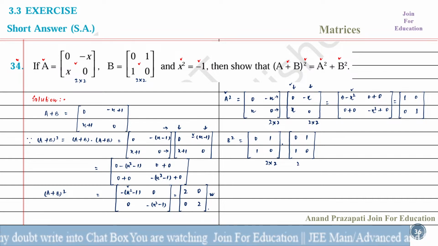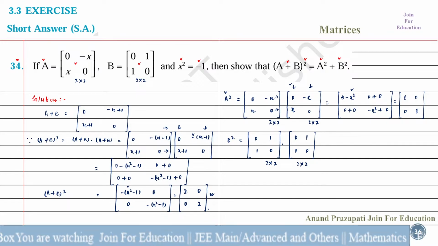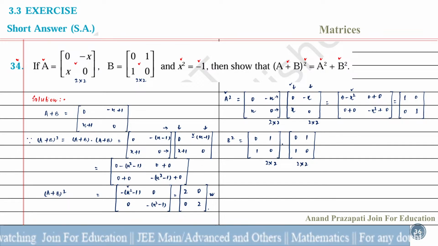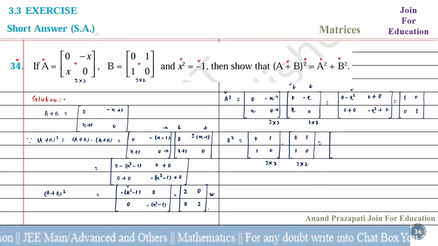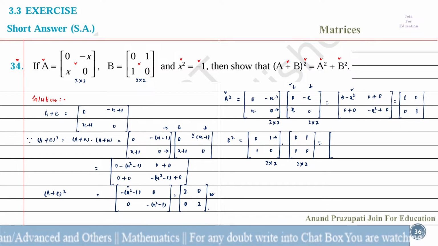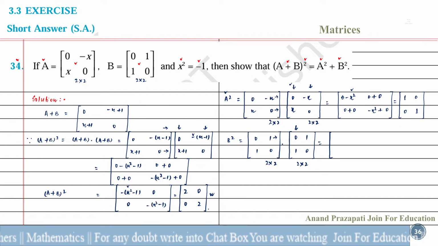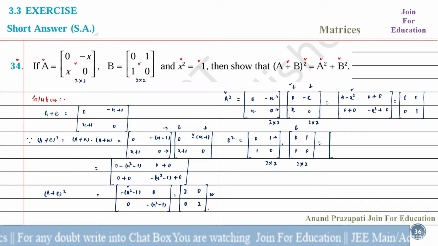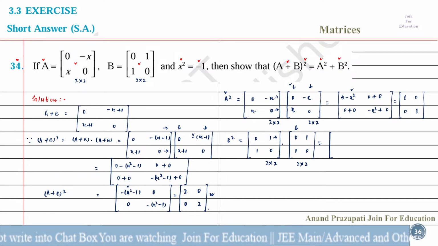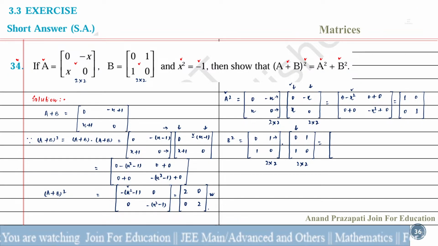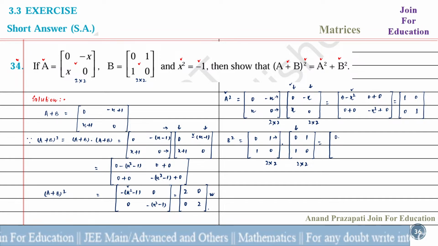Order of this one is also 2 by 2. Therefore, the product of b into b is possible. So, here will be first row along the first column, to get the first element of the first row, we multiply the corresponding element. Then we get here 0 into 0 equal to 0 plus 1 into 1 equal to 1. So, we write down here 0 plus 1.